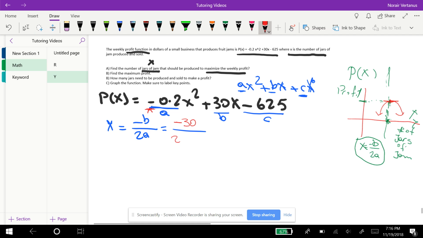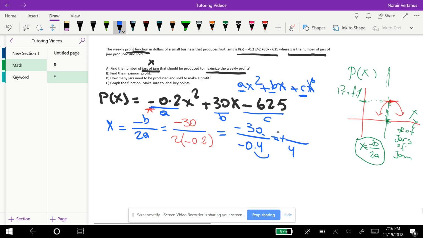over 2a, 2 times negative 0.2, which is negative 4/10. So what is negative 30 divided by negative 4/10? Let's simplify it. I don't want to use a calculator. Negative divided by negative is positive. I multiply the denominator by 10 to get rid of the decimal, that's 4.